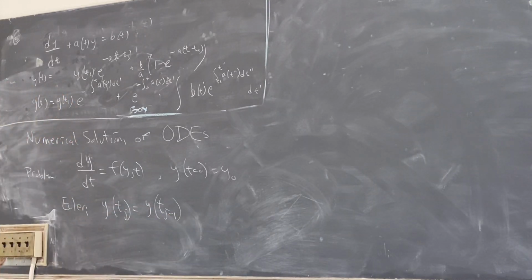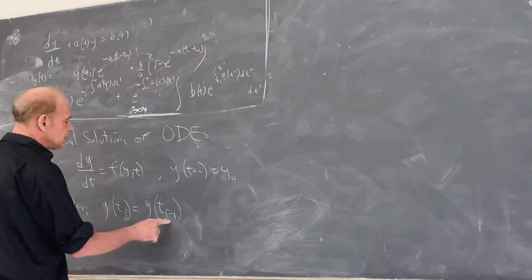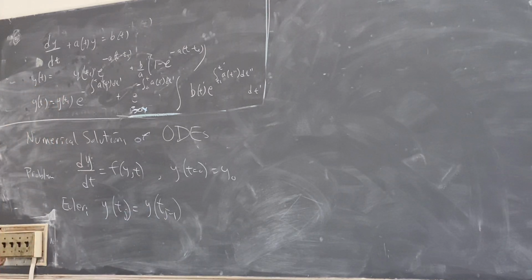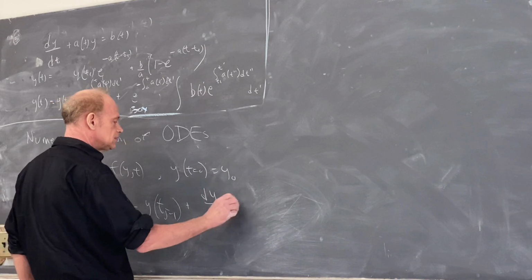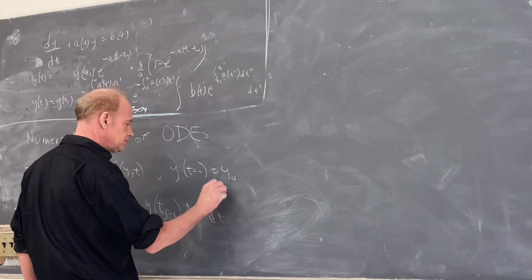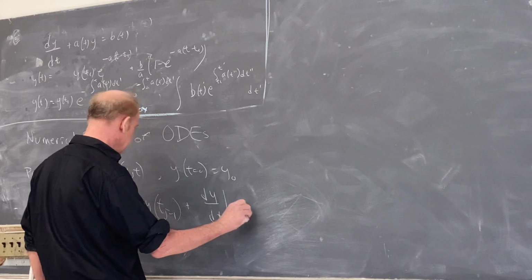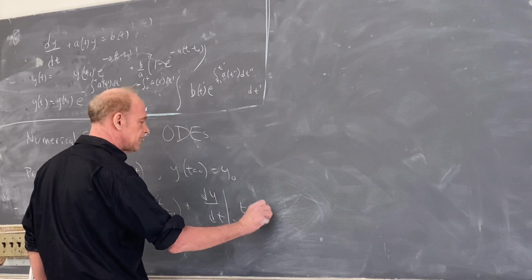On a computer, even though we think of an ordinary differential equation as continuous, computers are inherently discrete. So they're discrete values. I can label the t's t1, t2, t3, plus dy/dt times tj plus 1 minus tj.